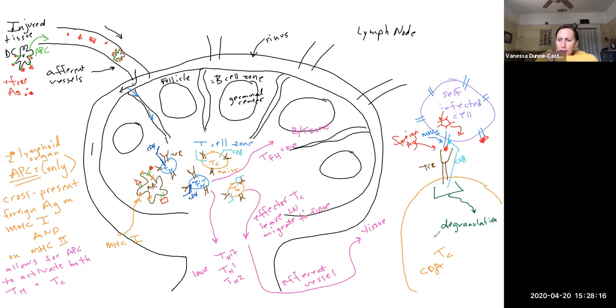And the release of perforins and granzymes.